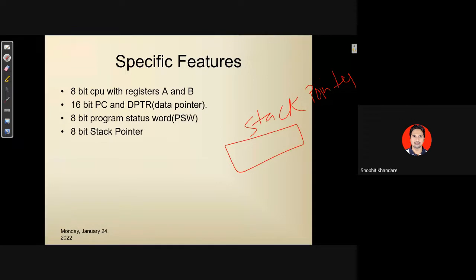Stack pointer हम अलग से लेने वाले हैं when I will be explaining subroutine. जब मैं आपको subroutine पढ़ाऊंगा, that time I will explain what a stack pointer is. For the time being, you have to just understand that a stack pointer is a register, and its size is 8-bit.